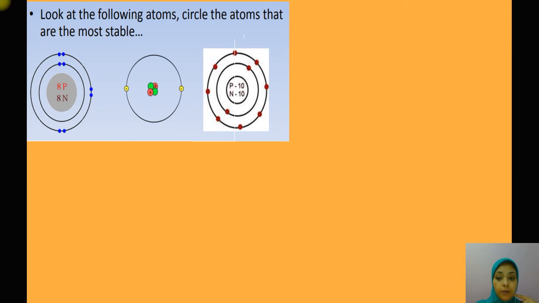Okay, so we need the atom that contains the energy level that is full. So we choose the middle one. Why? Because we have the first energy level with 2 electrons. We know that for the first energy level to be full, we have to have 2 electrons. So this is the more stable atom.